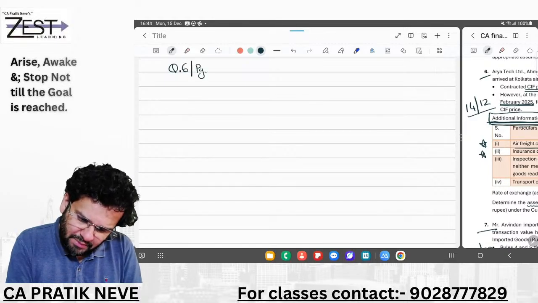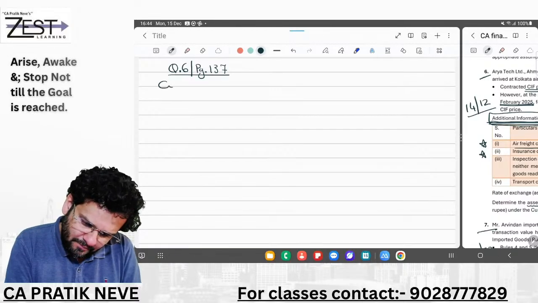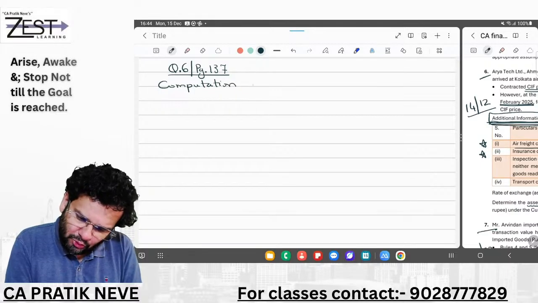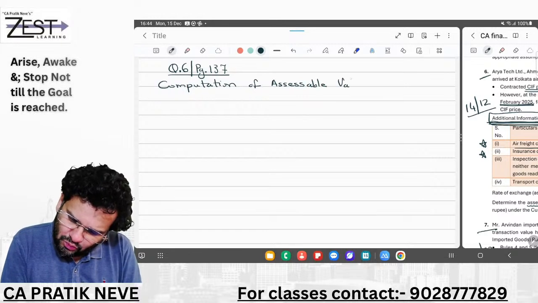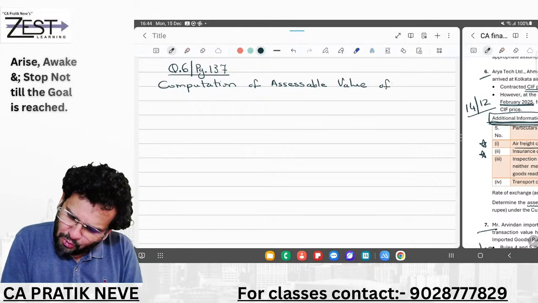Question 6, page 137. You will do computation of assessable value of imports.